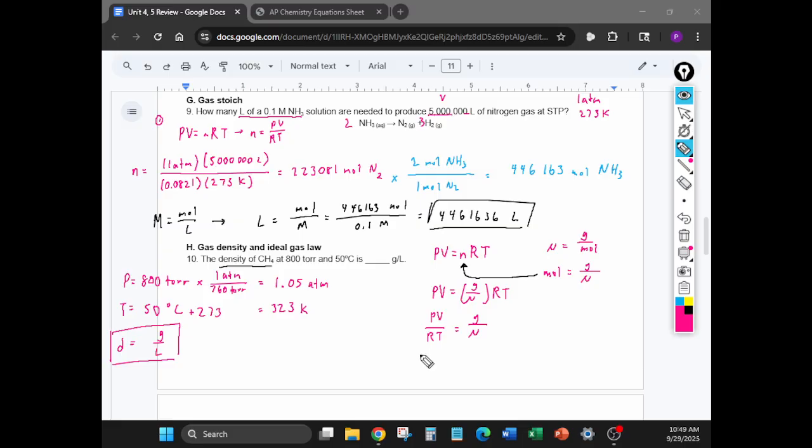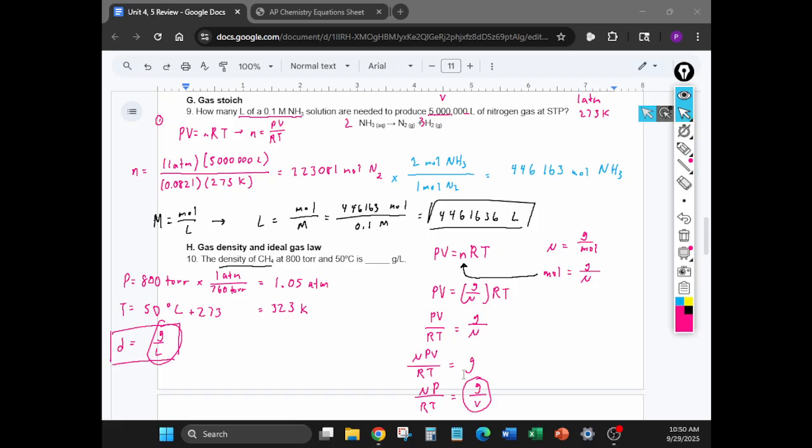You want to move molar mass to the other side, so it'll be molar mass PV divided by RT equals G. Last but not least, we move the volume to the bottom because that's liters. The final equation will be molar mass times pressure divided by RT equals grams over liters. And this right here is exactly what the question is asking you to solve.